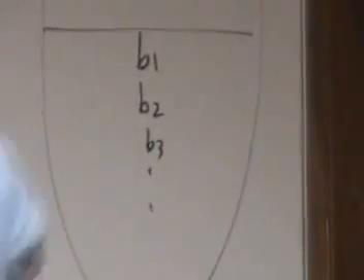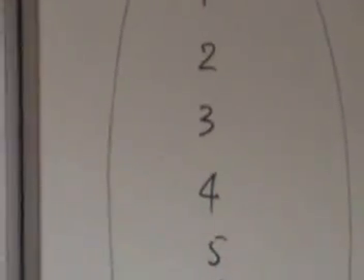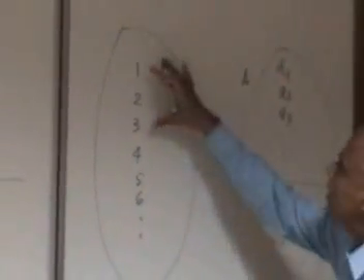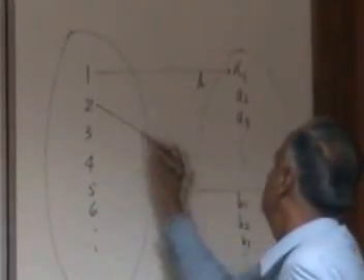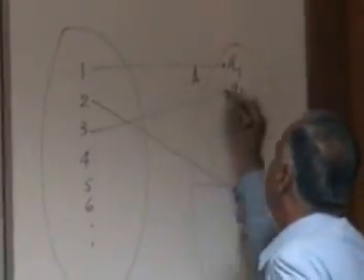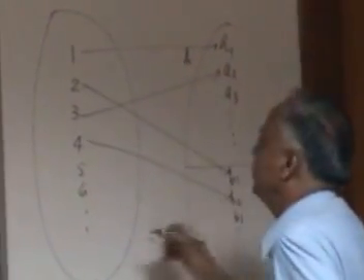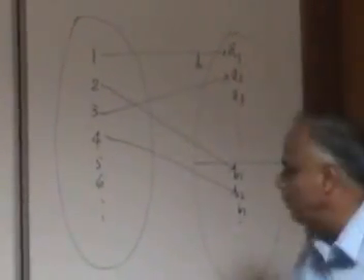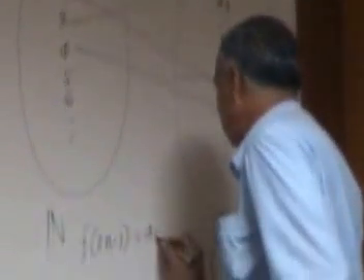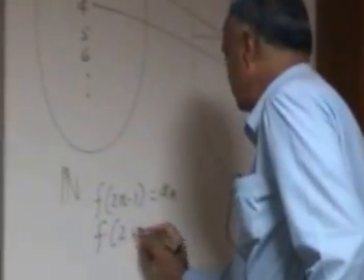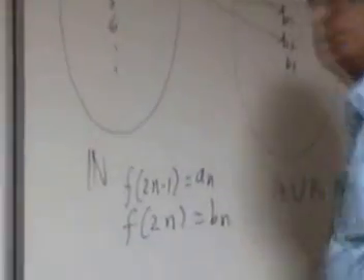Now I have to establish a correspondence. It's easy to see through a picture. This is N. What you do is, you take the odd numbers to A's and the even numbers to B's. So 1 goes to A1, 2 goes to B1, 3 goes to A2, 4 goes to B2, and so on and so forth. So what is the function? f of 2n minus 1 is An, f of 2n is Bn.